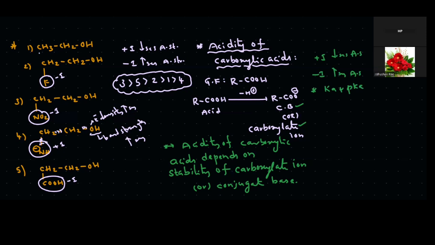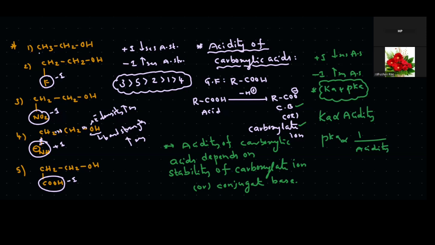That means Ka is directly related to the acidity of a carboxylic acid, and pKa is inversely related to the acidity. And what is the relation between Ka and pKa?